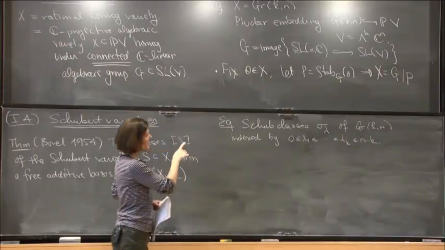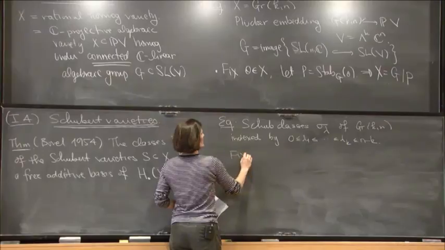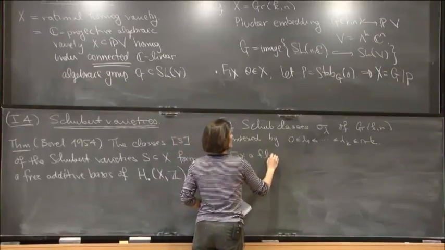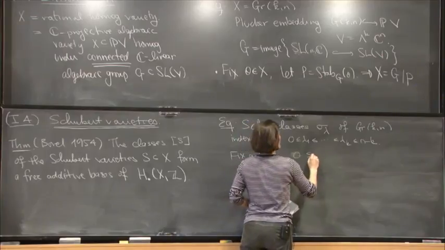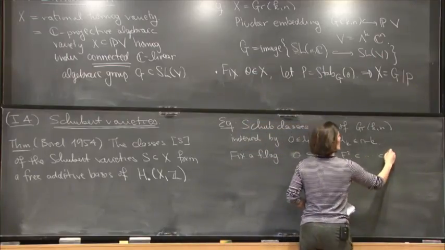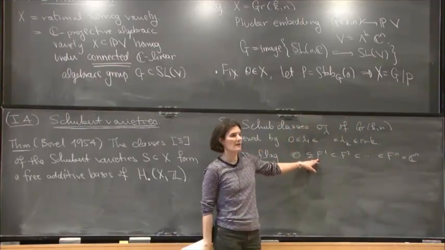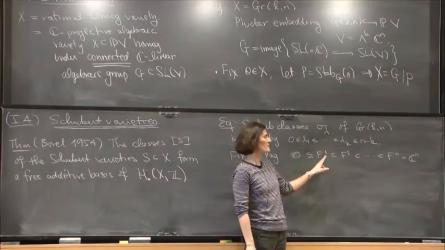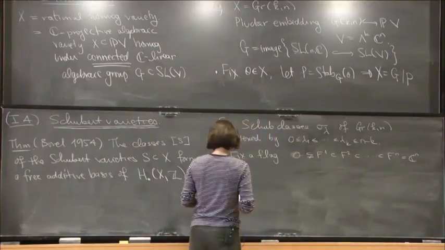And to describe the Schubert variety representing one of these classes, we need to fix a flag of linear subspaces. So this would be F1, F2, and so on, all the way up to Fn, which is C^n. Okay, so the dimension of F1 is 1, a one-dimensional linear subspace, then a two-dimensional linear subspace, and so on.